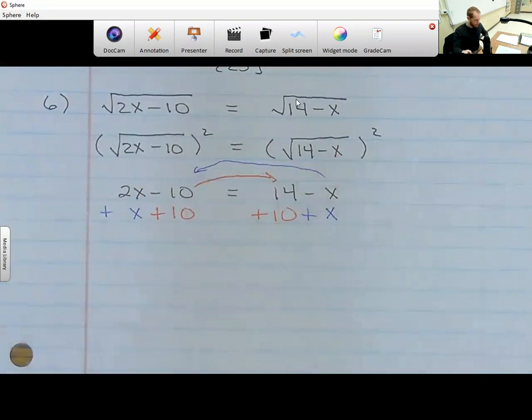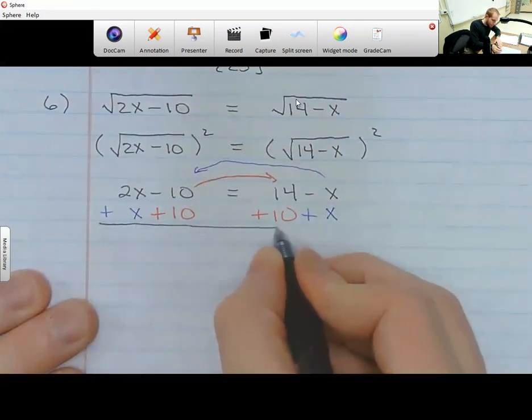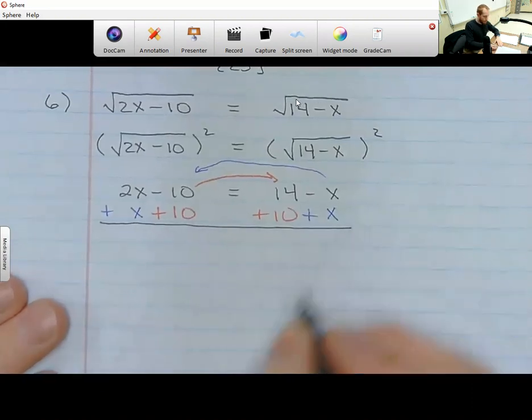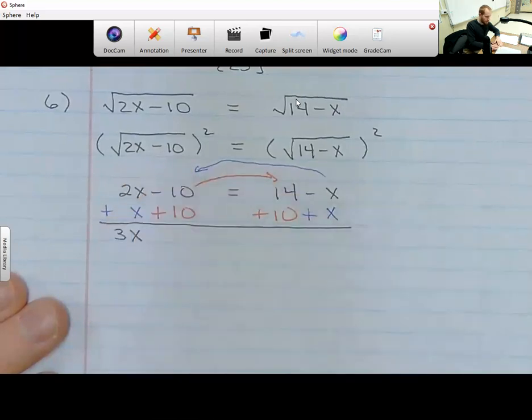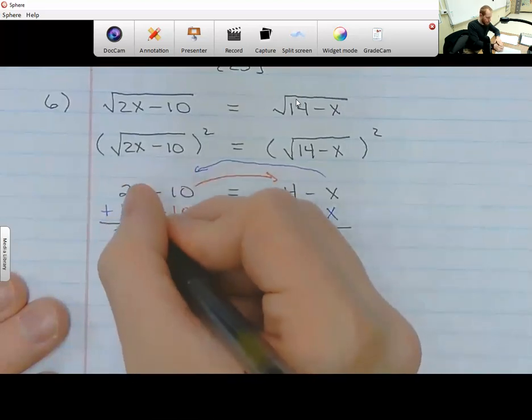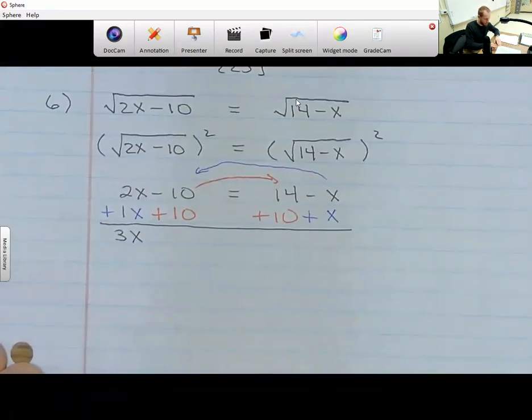Okay, so let's see what happens when I do that. All right, so the 2x plus x is going to give me 3x. That's basically because there's an imaginary 1 out in front right here. So 2x plus 1x is going to give me 3x.